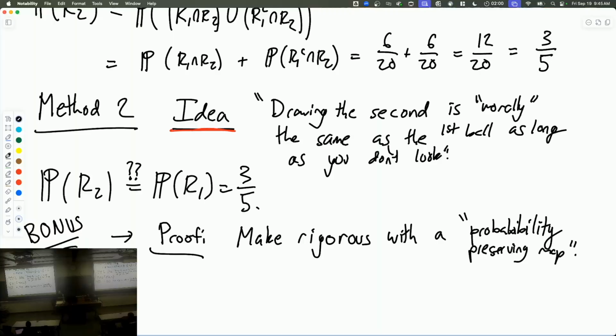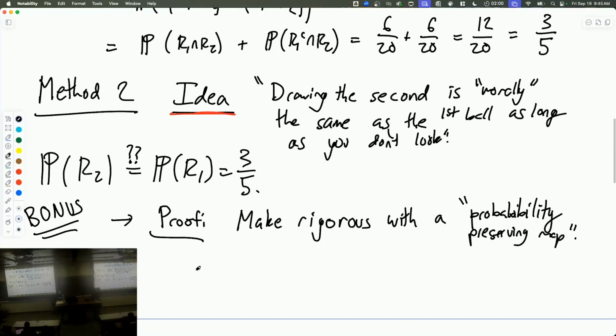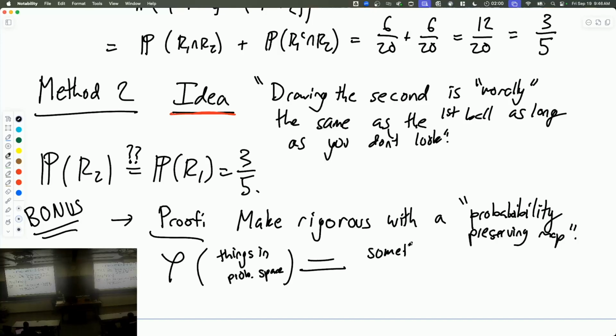Okay, so here is the probability-preserving map. What is it? It's a function, phi, and it inputs things in the probability space, specifically in the sample space S, and it outputs other things in the sample space.